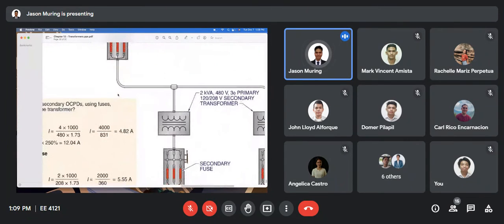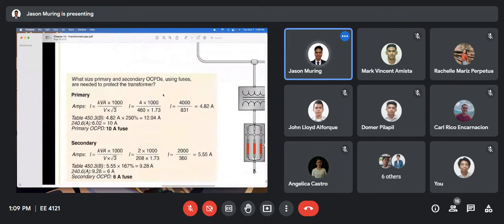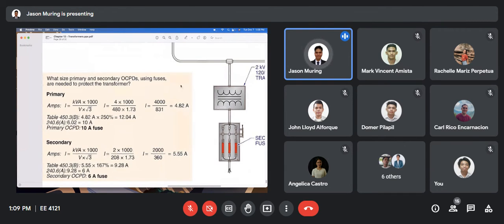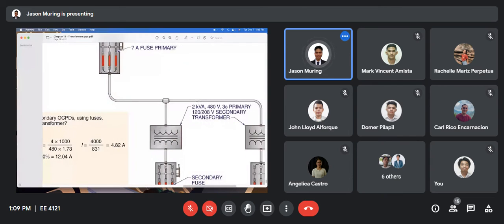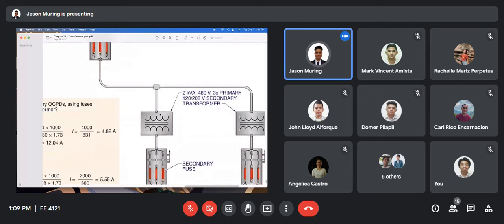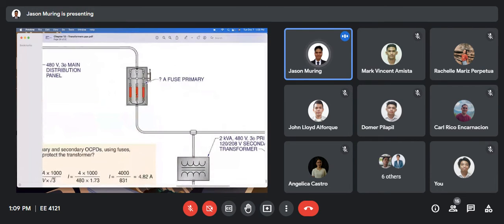So we have these transformers, and the sizes are 2 kVA, and that is also 2 kVA. So it's the same transformer, so it seems like double. So we just multiply by 2 whatever value we calculate from this one, to obtain the total current here.